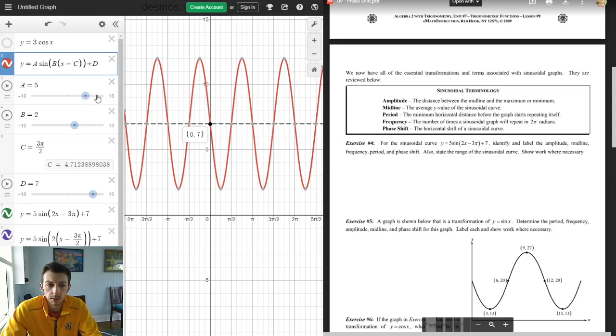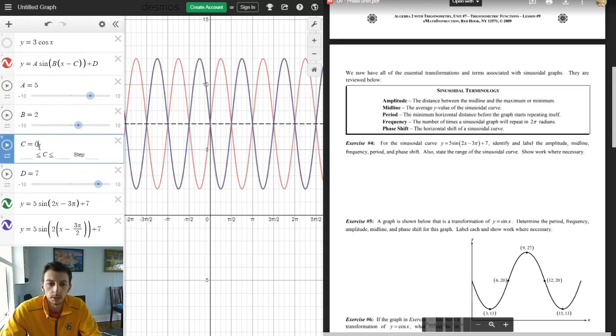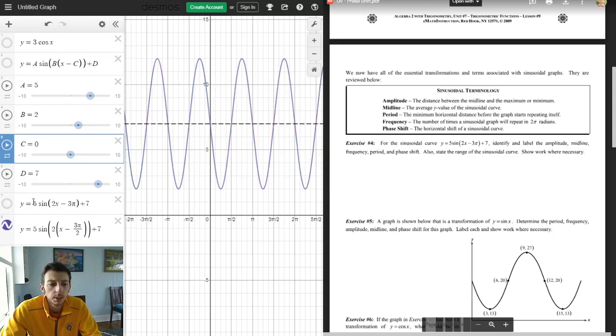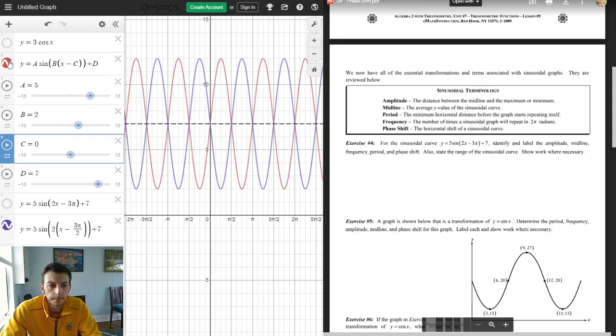So if I had gotten rid of this shift, if I take this c value and just make it 0, and hide my graph here, I've got too many graphs activated. So if I make my c 0, for this one, I've got to get rid of my purple one.